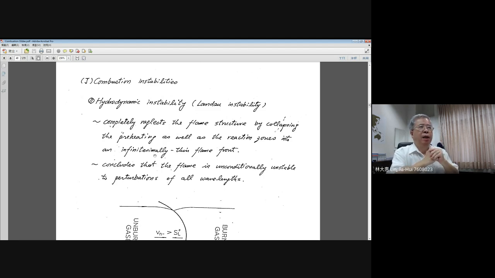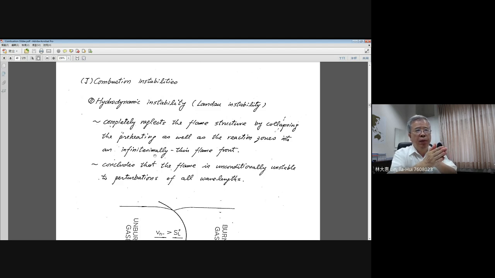But here, Landau tried to analyze the stability of a given premixed flame by considering the flame as basically composed of the preheating zone and the reaction zone, collapsed together as only one sheet. When they collapse the preheating zone and the reaction zone together as a thin sheet, it means Landau did not consider the imbalance between heat diffusion and mass diffusion.